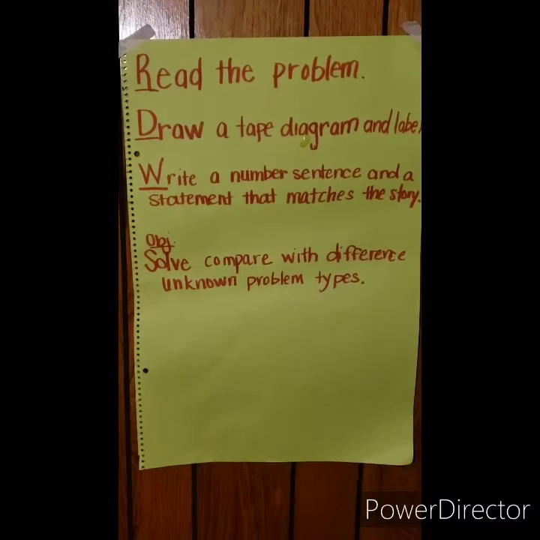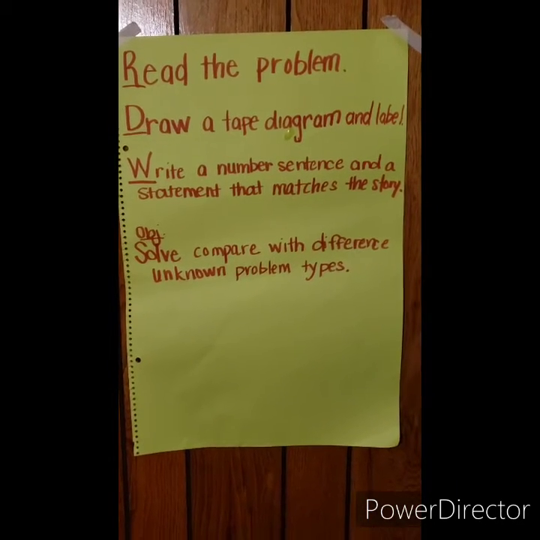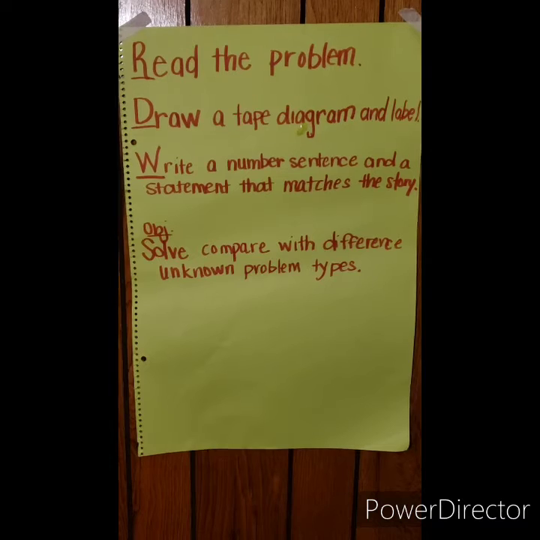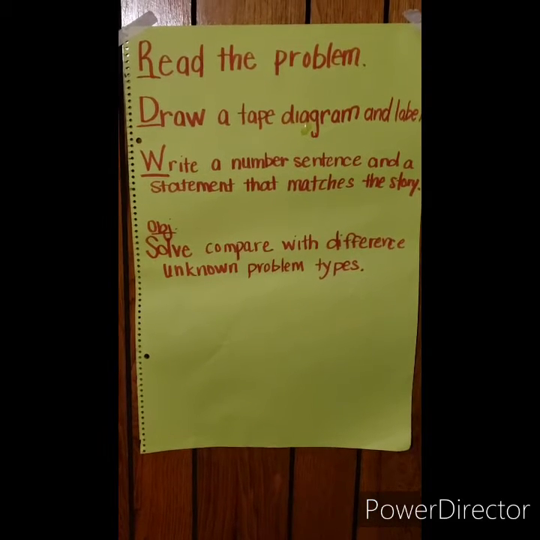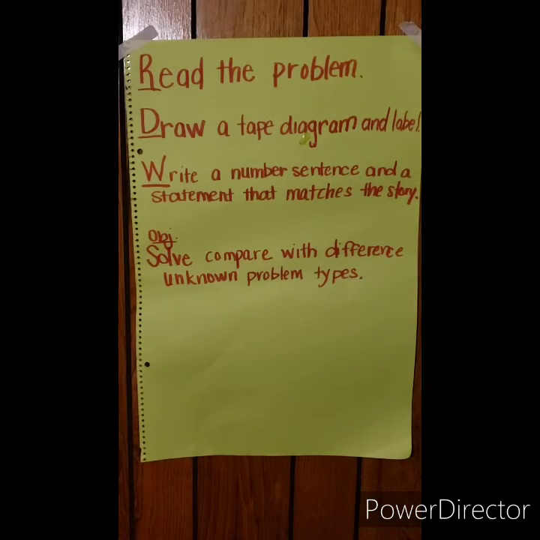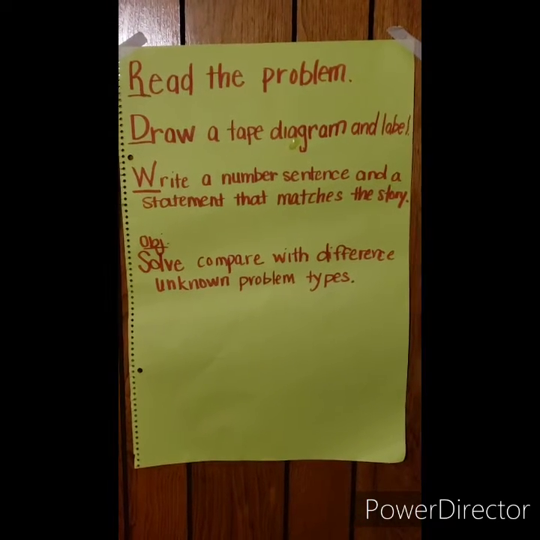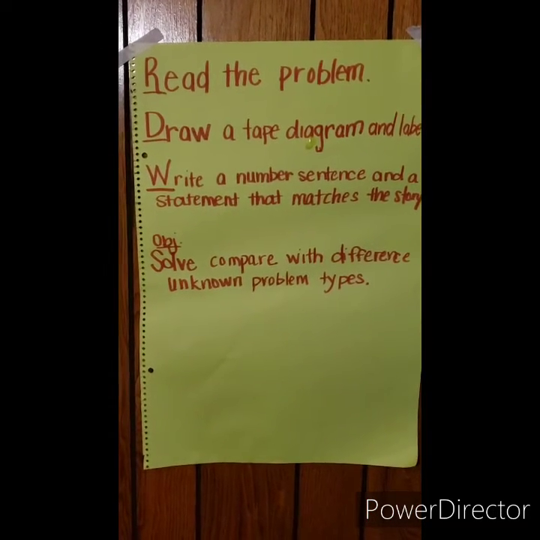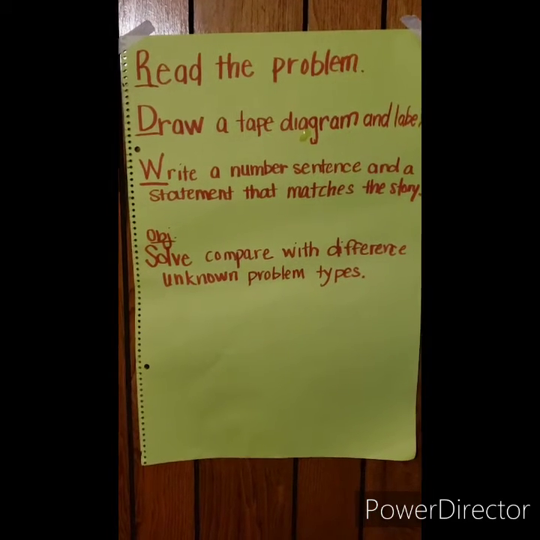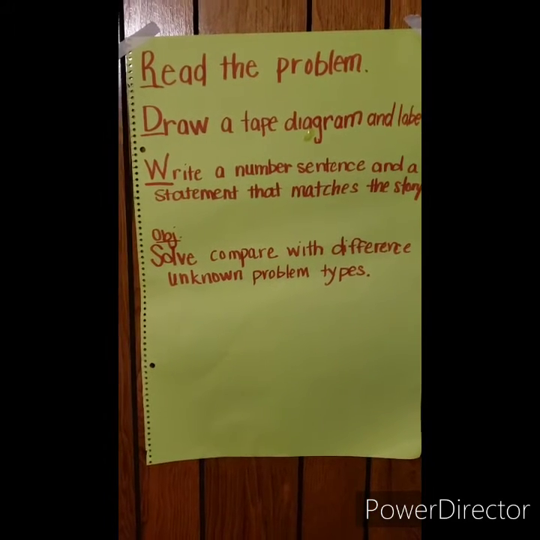All right, boys and girls, I told you our objective for today, and we're going to quickly review what RDW stands for. That is a strategy that we use to help solve our problems, especially our word problems. R stands for read the problem. D stands for draw a tape diagram and label.